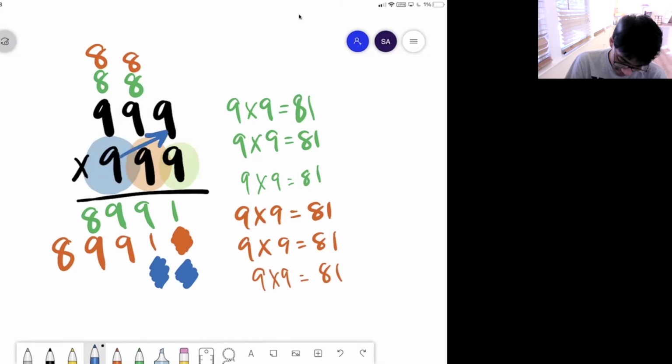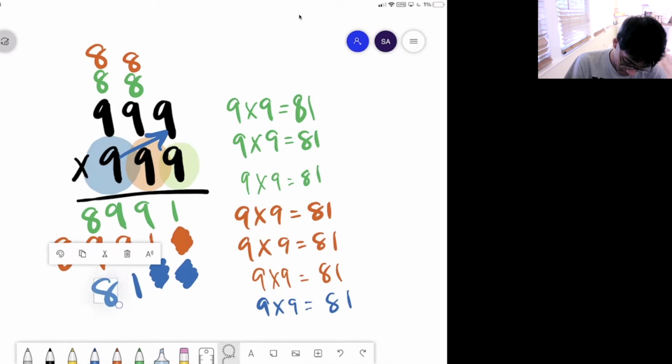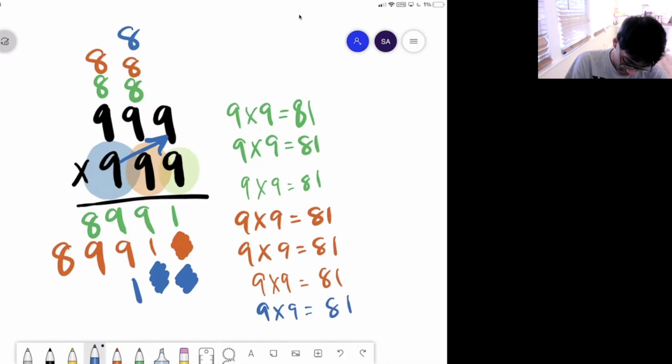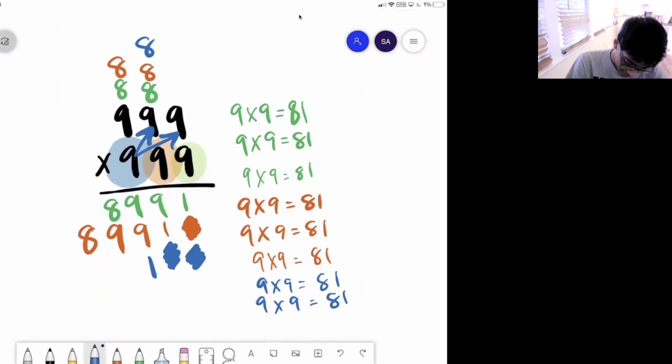So 9 times 9. Well, what's 9 times 9? That's 81. So we can write 81, but don't forget this 8 is blocking someone, so we're going to put him on the next guy. Next guy, 9 times 9. That's 81. And don't forget to add this 8.